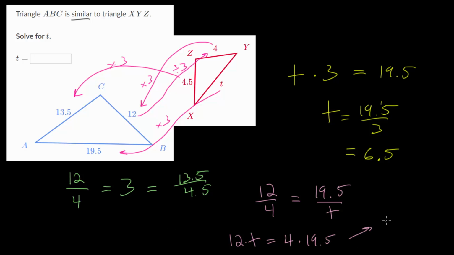Divide both sides by 12, and after everything simplifies, we would still find that t is 6.5. So you can either figure out that proportionality constant, or you can set up this equation involving the ratios of the corresponding sides. But the answer for this one, we can put 6.5 into our box.